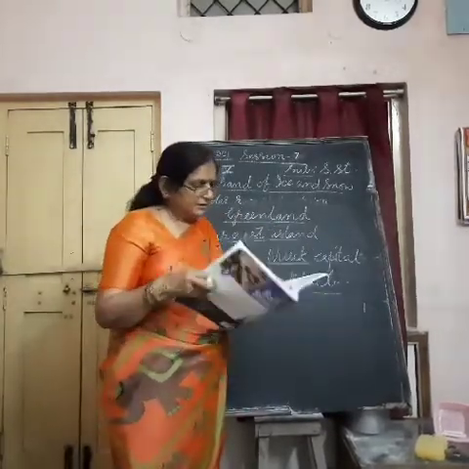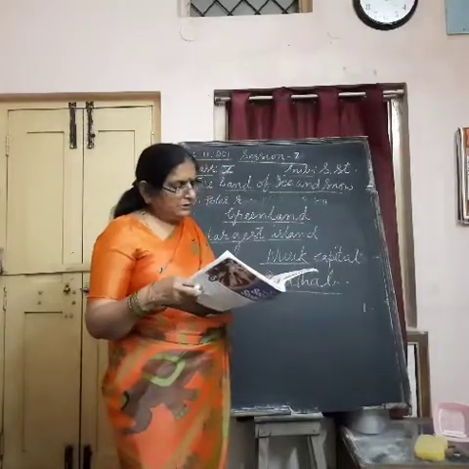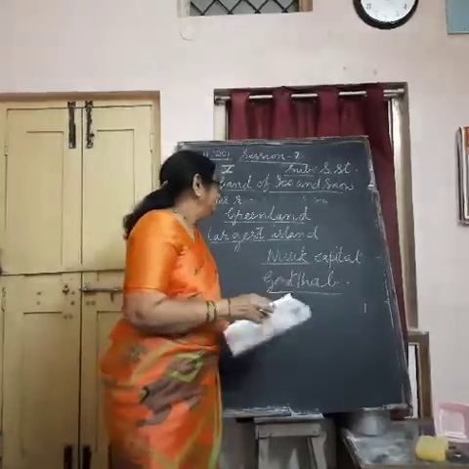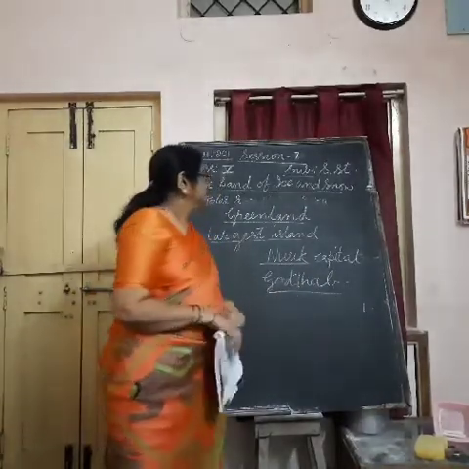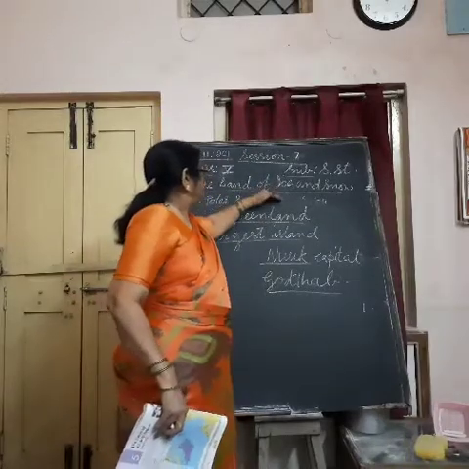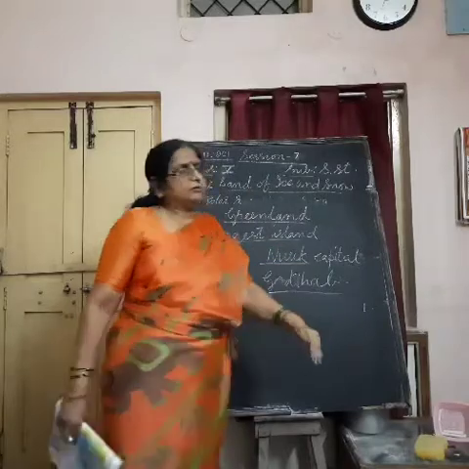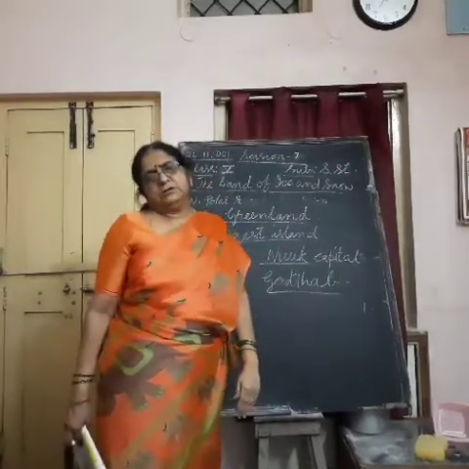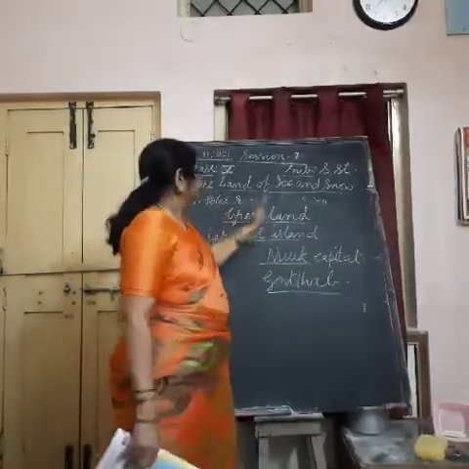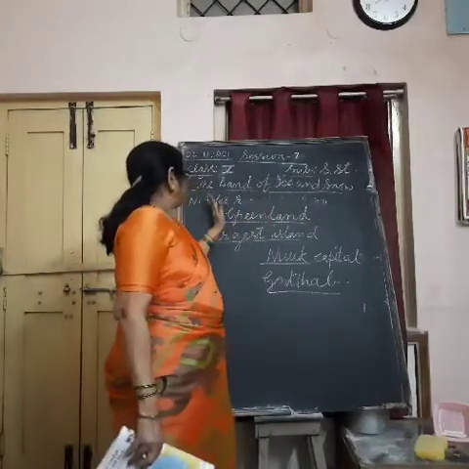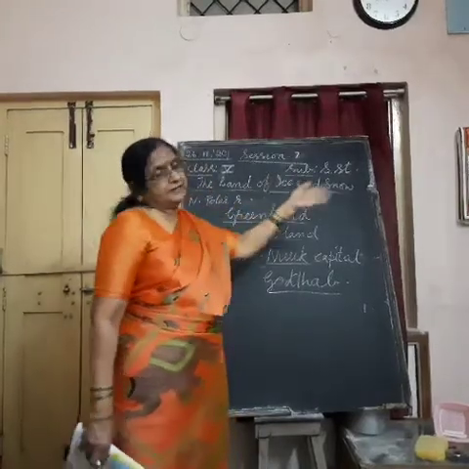Understand? If we talk about its location, it is located between the North Pole and the North Atlantic Ocean, and it is surrounded by two straits. Here Baffin Bay is there, Davis Strait is there.